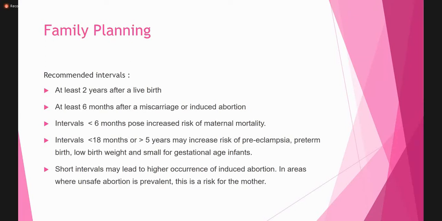Short intervals may lead to higher occurrence of induced abortions in areas where unsafe abortion is prevalent. This is a risk for mother. So if there is no proper family planning, then there's a risk to the mother's life as well as to baby's life. So this should be planned well.